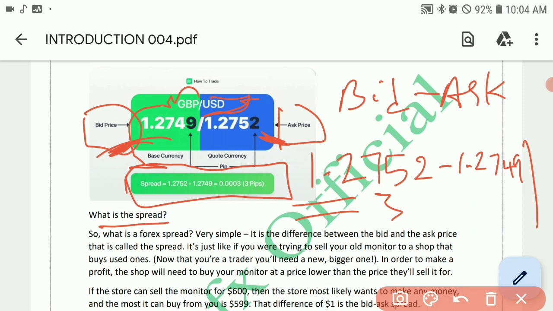So the spread is 3. It's called 3 points, which we call 3 pips. The meaning of pips is percentage in point.